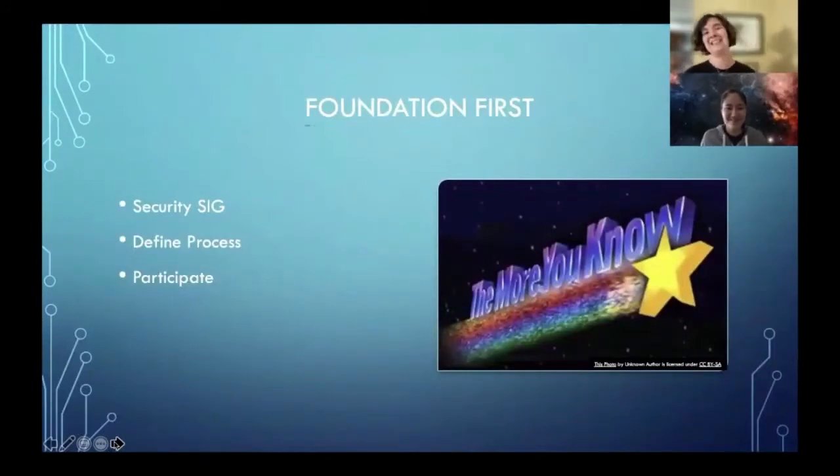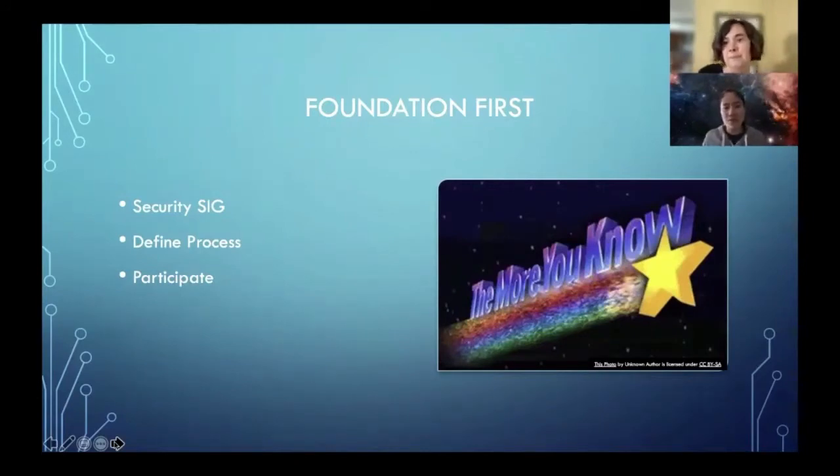So first, let's start off talking about foundations. If you're going to shift left the security bit, Alice, talk to us a little bit about what some of the foundational pieces are that someone might need. So first of all, for OSS projects and any project, you need a security team.